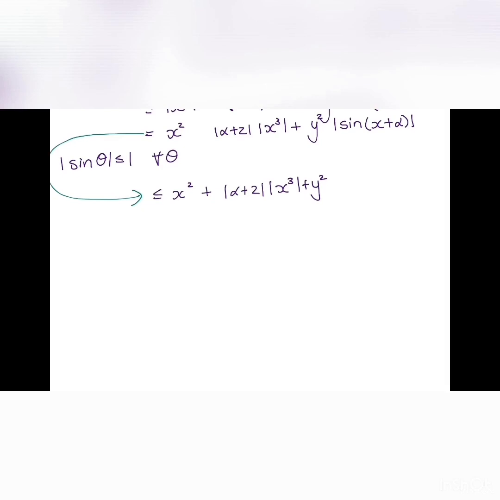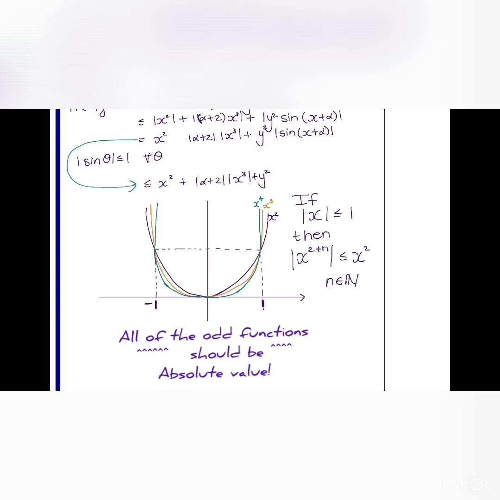And the reason why I can limit things is because between -1 and 1, for every other polynomial of higher order, the higher the order, the lower that polynomial will be. So I'm quickly going to make a sketch to illustrate. After I've sketched some polynomials, we can see that between -1 and 1, x squared has a property that it is greater than any other polynomial of greater power.